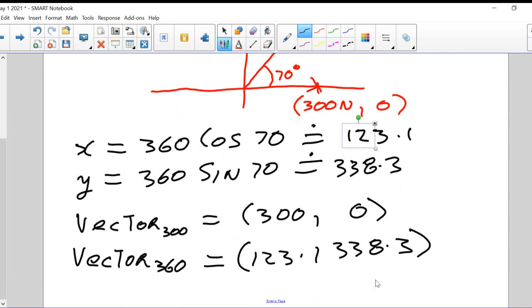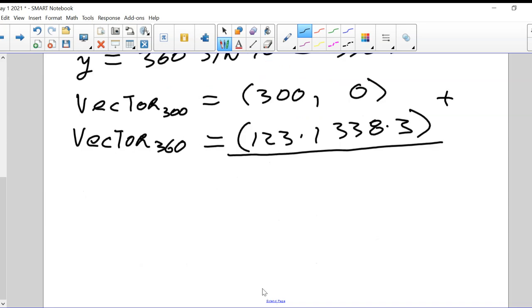Now, I want to add these two vectors together. If you remember, when we were adding vectors in R2 and R3, we simply added together all the x's and all the y's, and in 3 space we added together all the z's as well. If we have the components, we can just add the components together.